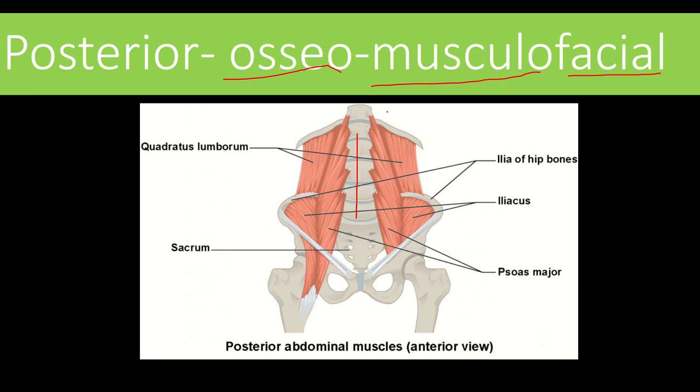We can see the muscle component on each side of the vertebra. These are psoas major and quadratus lumborum, and some other muscles. And behind this, skin and superficial and deep fascia are also present. So the posterior wall is formed by the osseous part, muscular part, and facial part. We can see this in this picture.